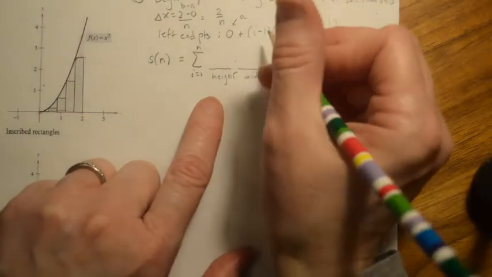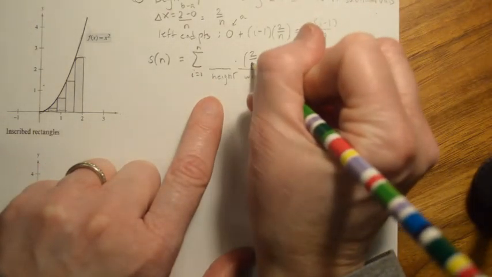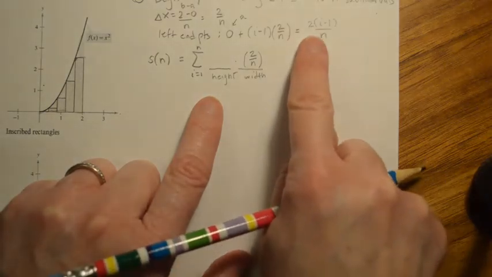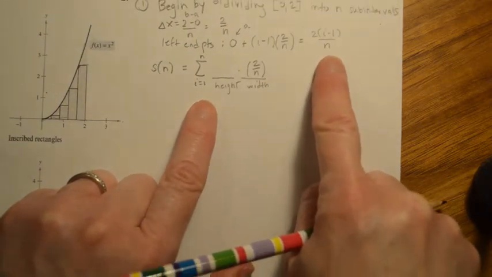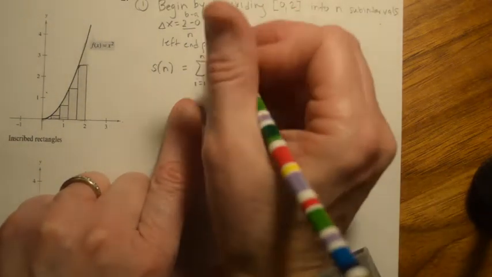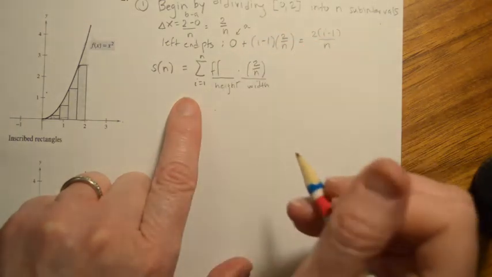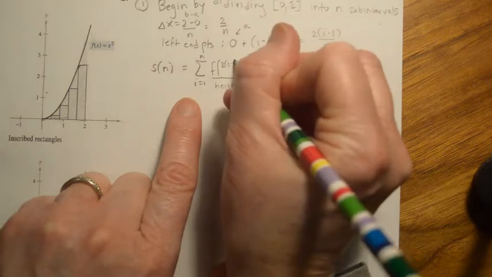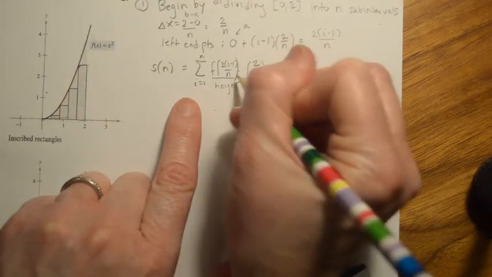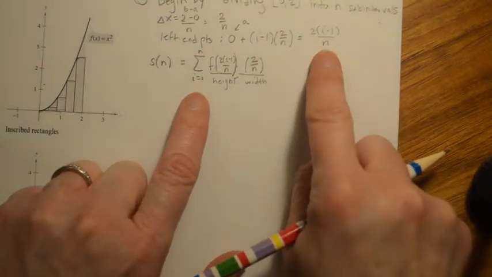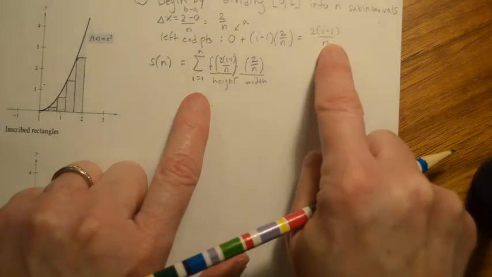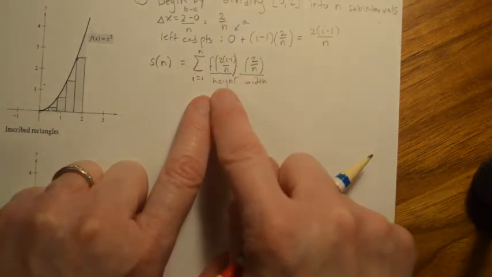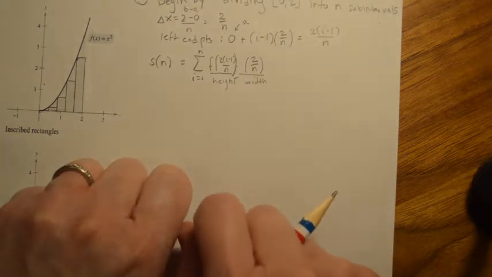So the width is 2 over n. And then the left endpoints are here, and so we need to find the value of the function there. So it's f of 2 times i minus 1 over n. Right? So this is the x value that we need to plug in here to find out what the height of the rectangle is. Think about that for just a second.